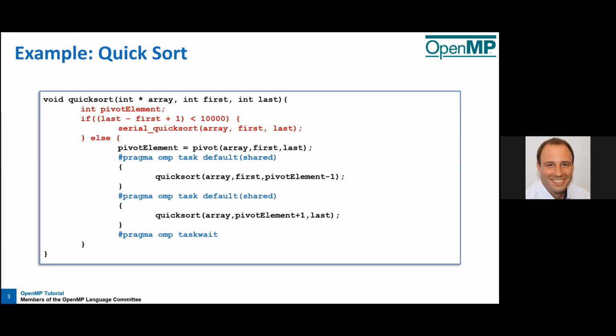So that means for the if, the task is created and the data environment is being created. That means, for example, in the Sudoku code example, the board is copied, but that means in particular for private variables, these have to be created and so forth. So there's still some overhead.